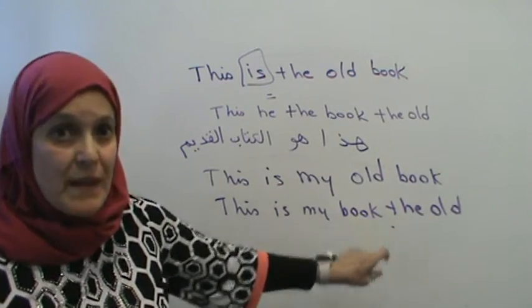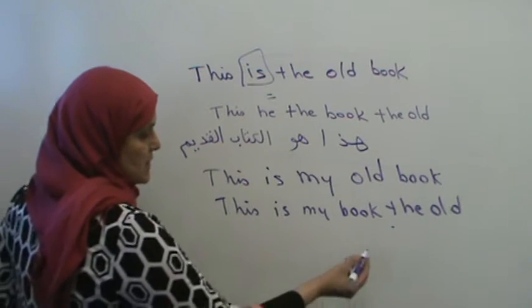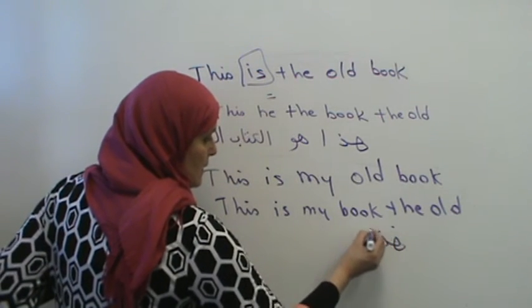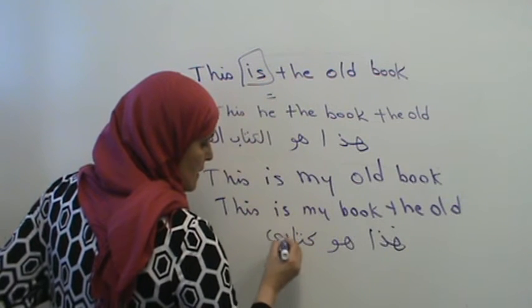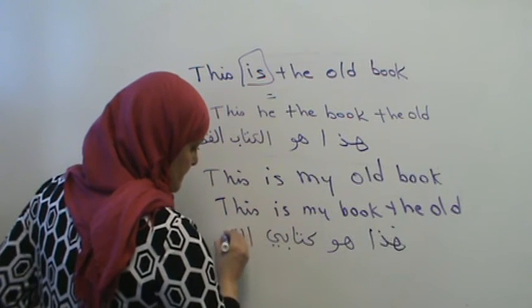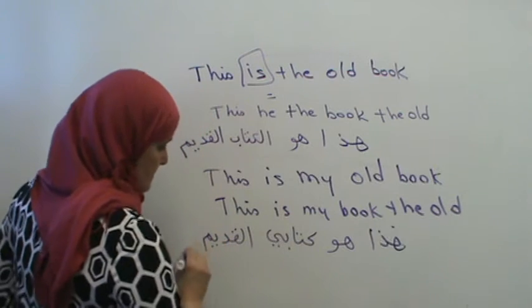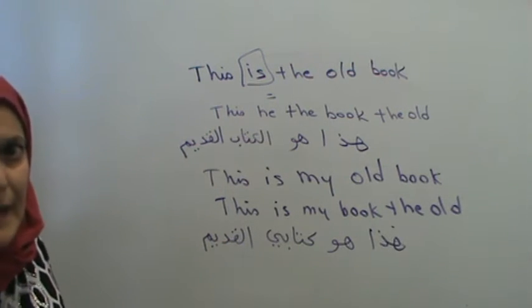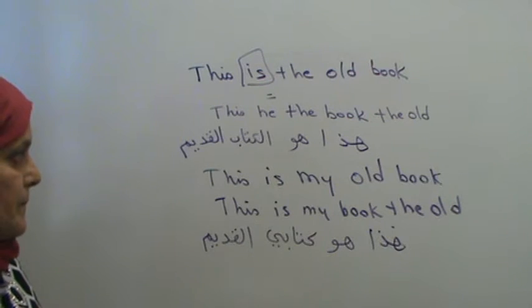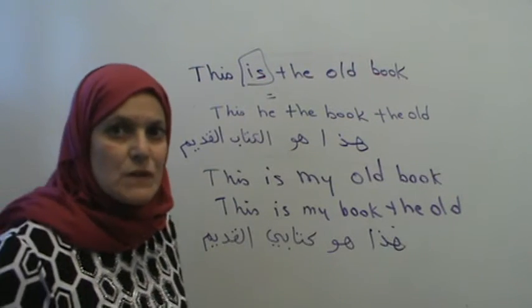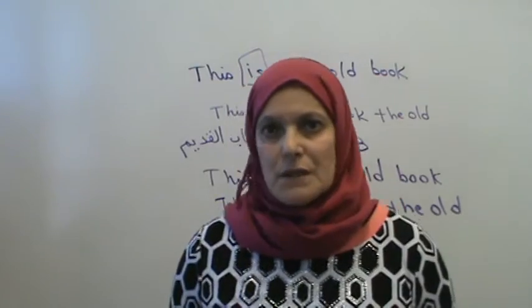There is no "the" between them, and we put هذا هو كتابي القديم. هذا هو كتابي القديم.